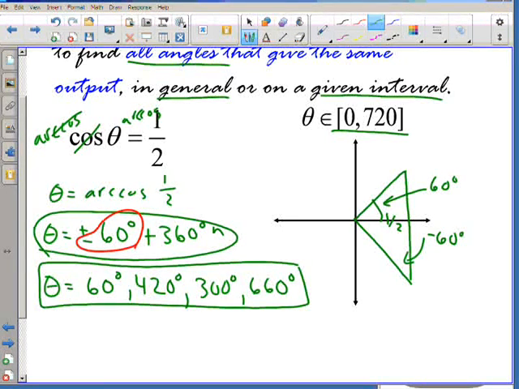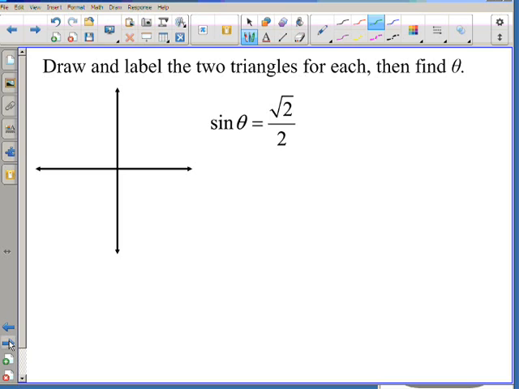We're going to do the derivation of where this formula comes from for sine, and then also tangent. Today's just sine in this video though. Alright, so draw and label triangles for each, then find theta. In this case, for sine of theta, we want to know where is sine positive. It's positive above the x-axis, and its opposite is root 2 over 2, and you may recall that's a 45-degree angle.